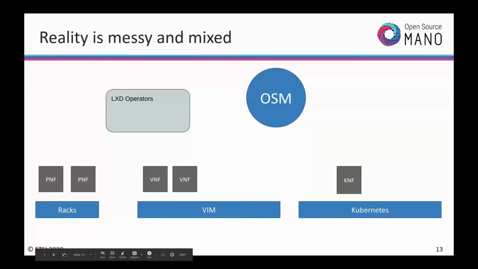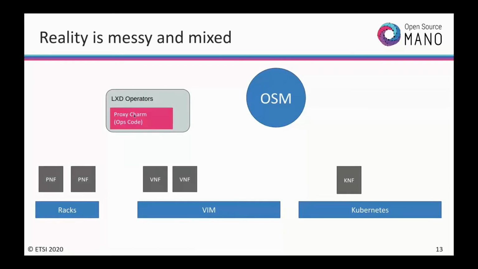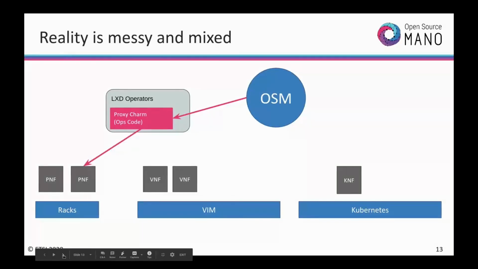So OSM creates these operator execution environment spaces where our operation code can run. In this case, these are all proxy charms. And OSM's going to inject the code into there, and they will be able to reach out to our physical network functions and virtual network functions and control them.